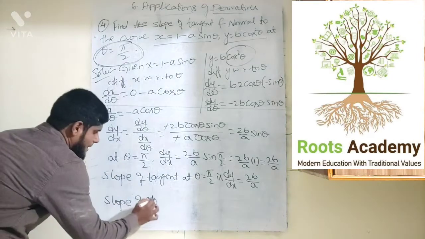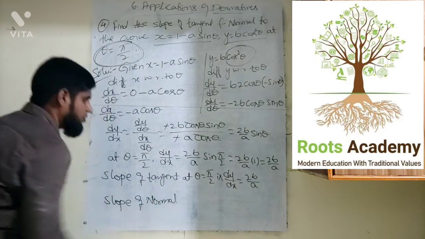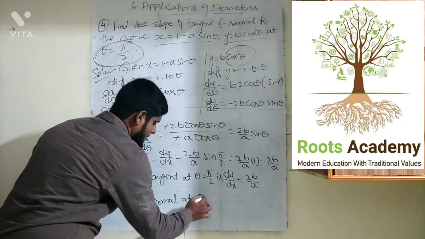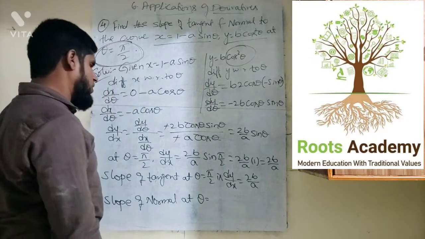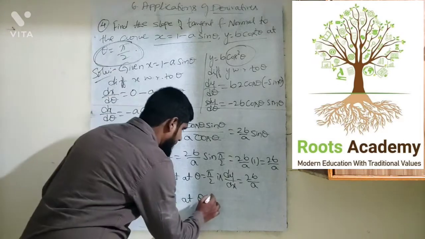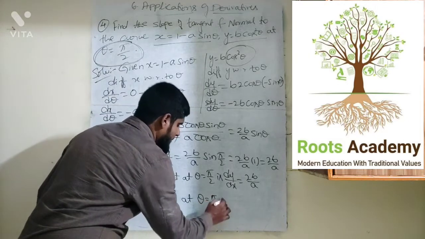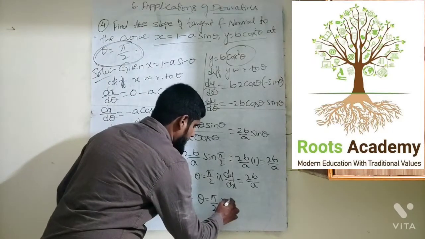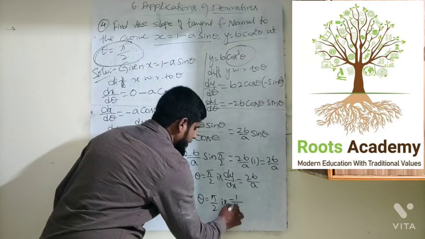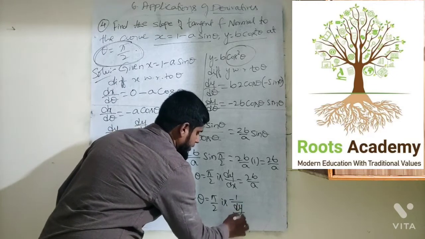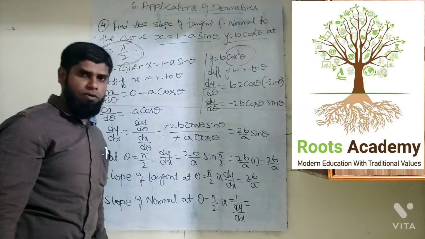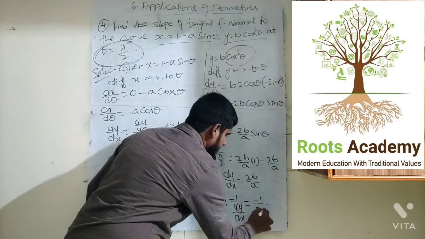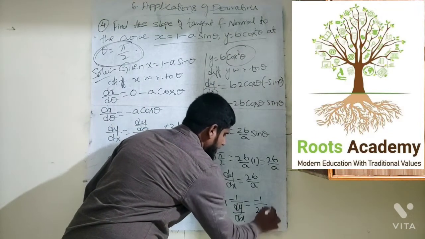Slope of normal at theta is equals to pi by 2 is minus 1 divided by dy by dx, that is equals to minus 1 divided by 2b by a.